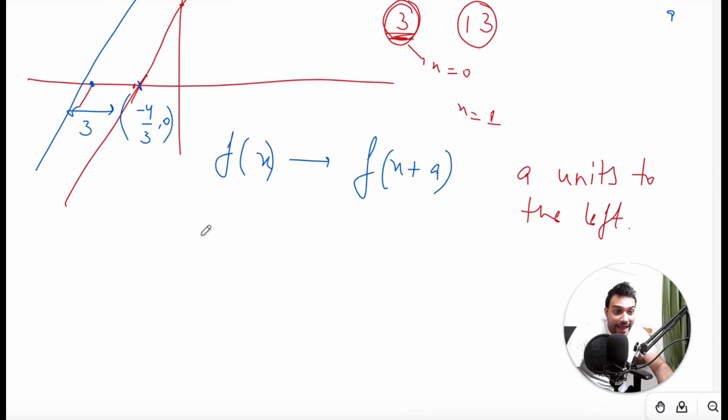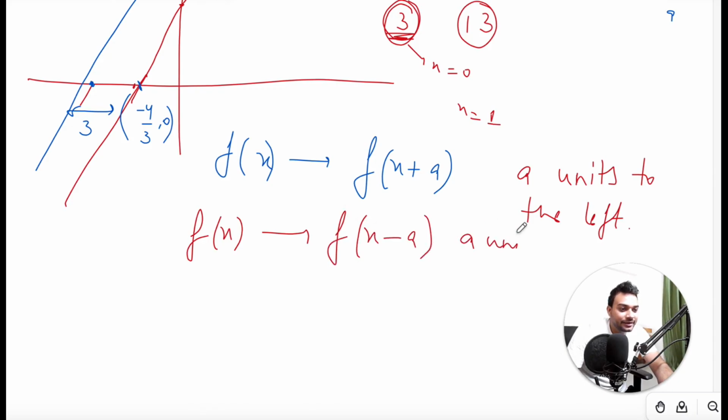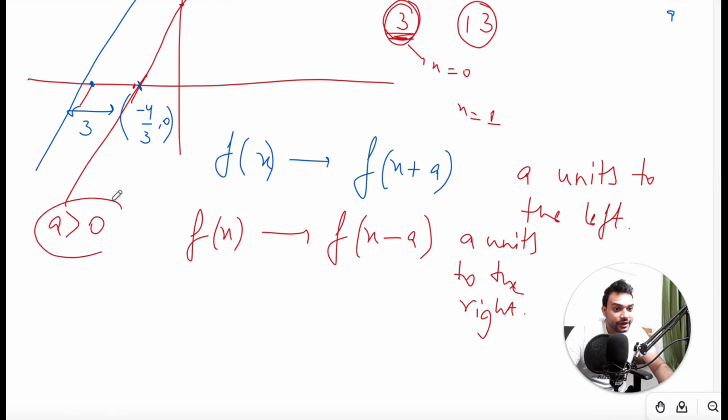Okay, and likewise whenever you have f of x goes to f of x minus a, it'll go a units to the right, shift a units to the right, it'll slow down, the graph will slow down, a units to the right. Okay, here I'm considering a to be a positive number, so change accordingly. Don't memorize this, you just need to understand. So a here was positive, a was greater than 0. Okay, so that's the thing.